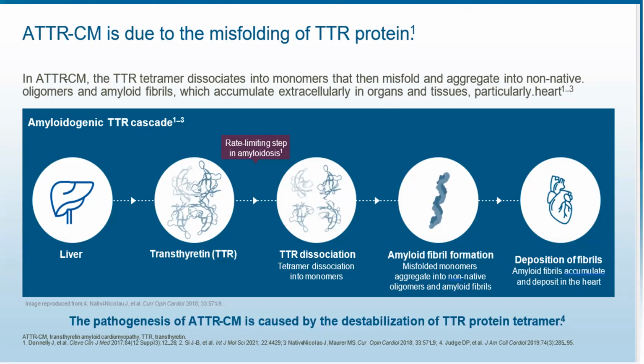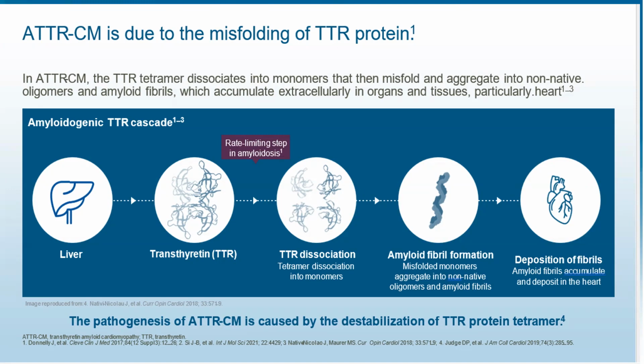When it's dissociated, which we call here the rate limiting step of amyloidosis, where the transthyretin is not stable and it is broken into the 4 monomers, those 4 monomers just wander around in the bloodstream and get together to form an amyloid fibril. The amyloid fibril does not look like the normal tetramer, and it does not behave like the normal tetramer.